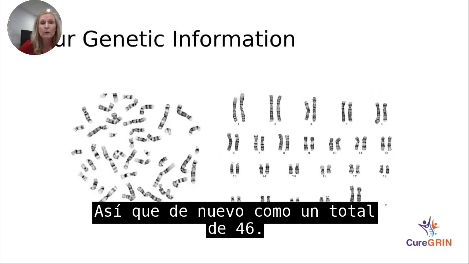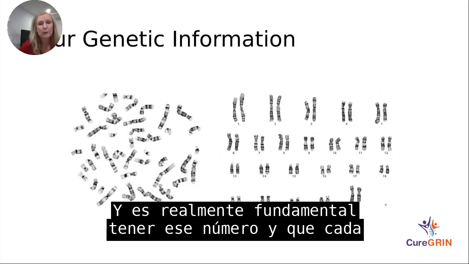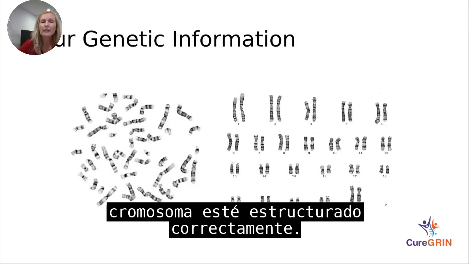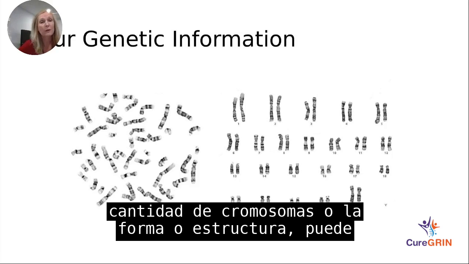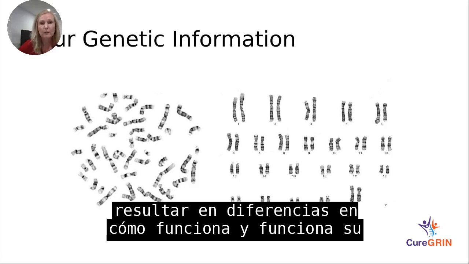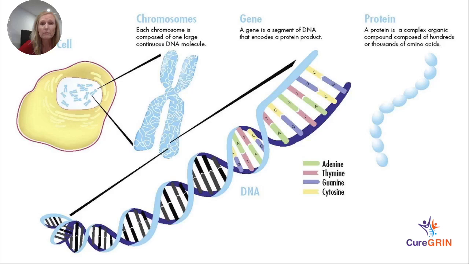So again, a total of 46. And it's really critical to have that number and that each chromosome is structured correctly. If there are any errors or differences in the number of chromosomes or the shape or structure, it can result in differences in how your body functions and works.